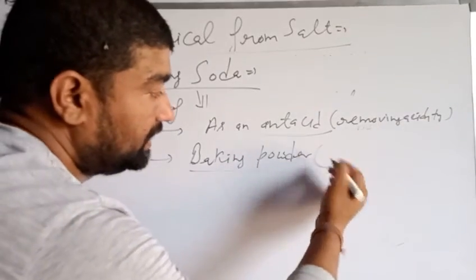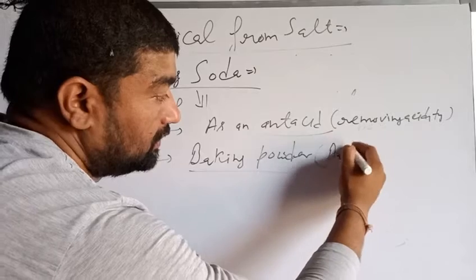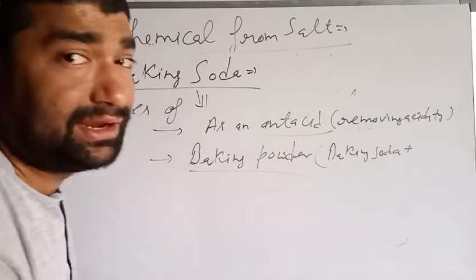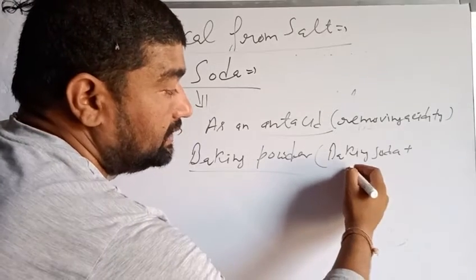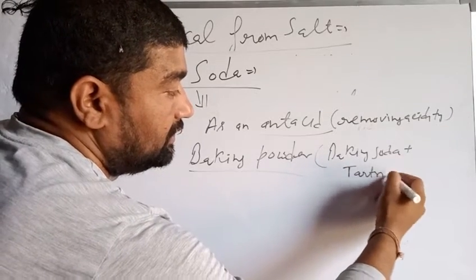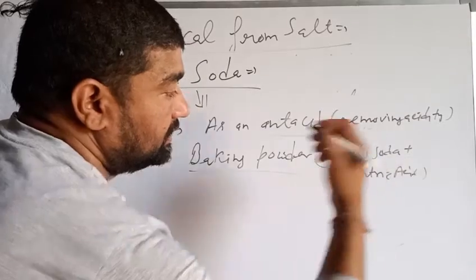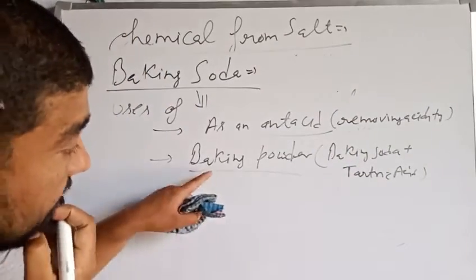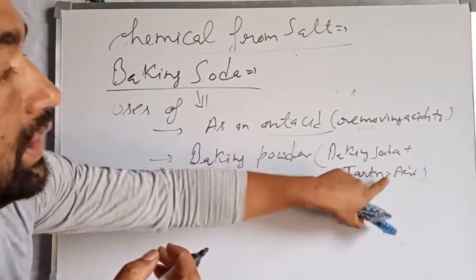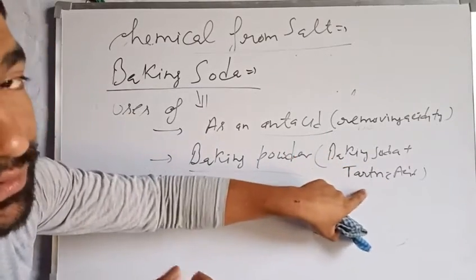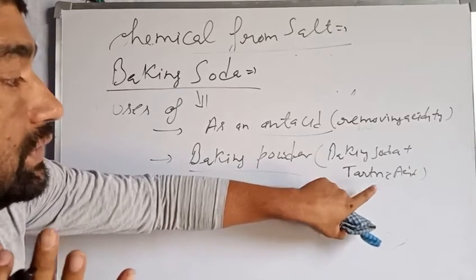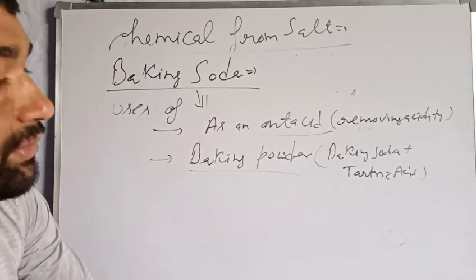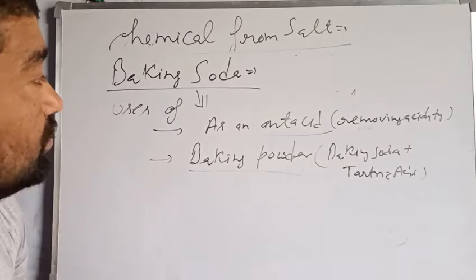And how is it obtained? Baking soda plus any edible acid like tartaric acid or citric acid. You can use any of these acids. So what is baking powder? Baking powder is baking soda plus any edible acid. So it can be tartaric acid, citric acid, or any edible acid. Fine. So this is about the use.